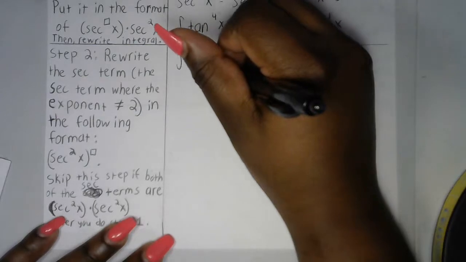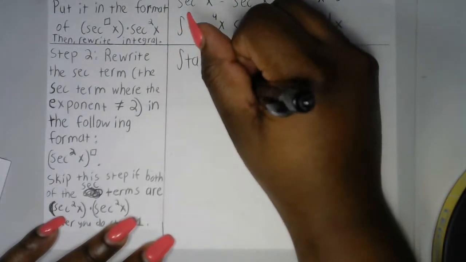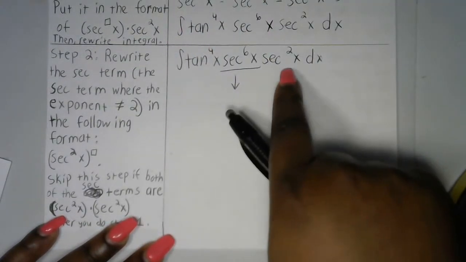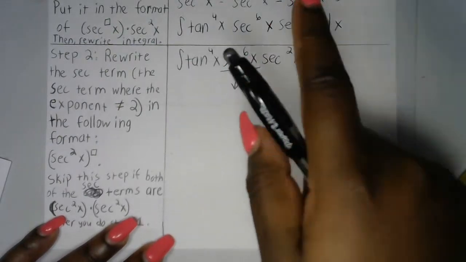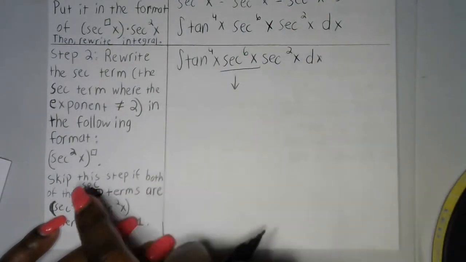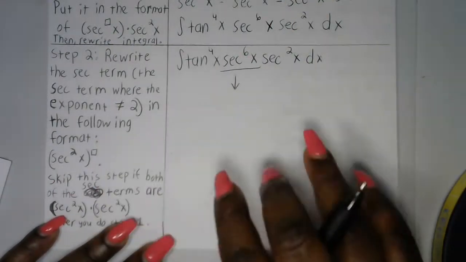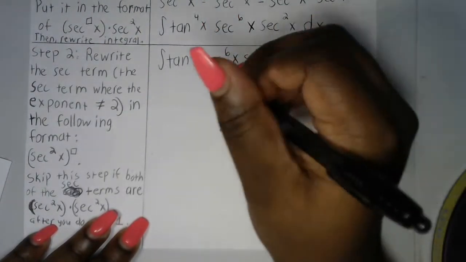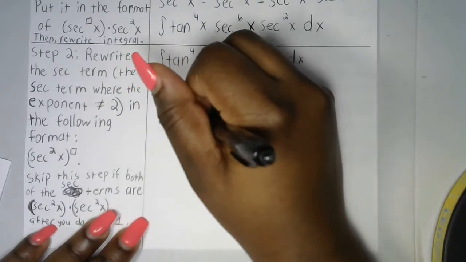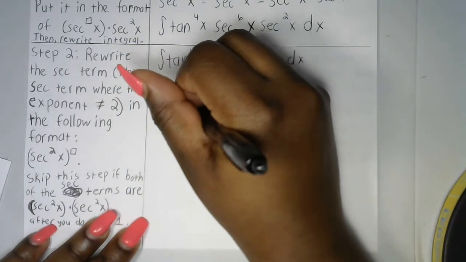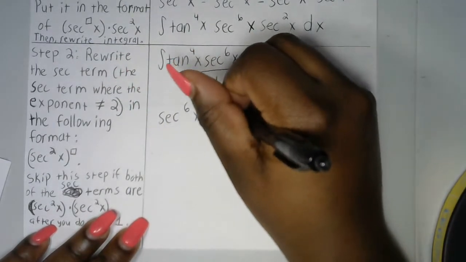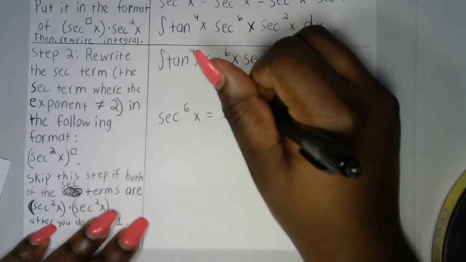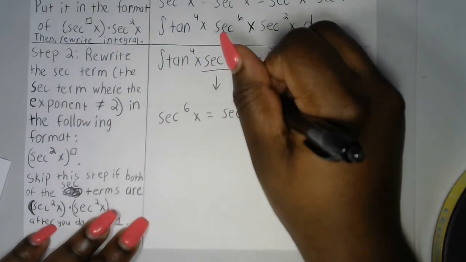dx. This is the secant term where the exponent does not equal 2, because in this secant term the exponent does equal 2. So this is the secant term where the exponent does not equal 2, and we have to put it into this format right here. So secant x to the 6th, that's equal to secant x to the power of 2 plus 4.